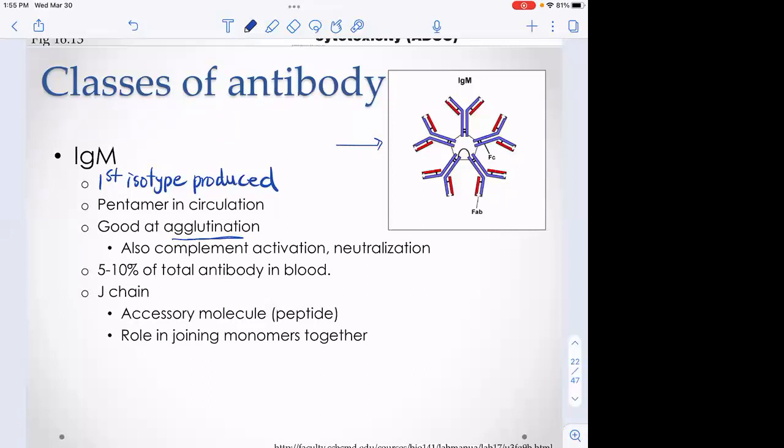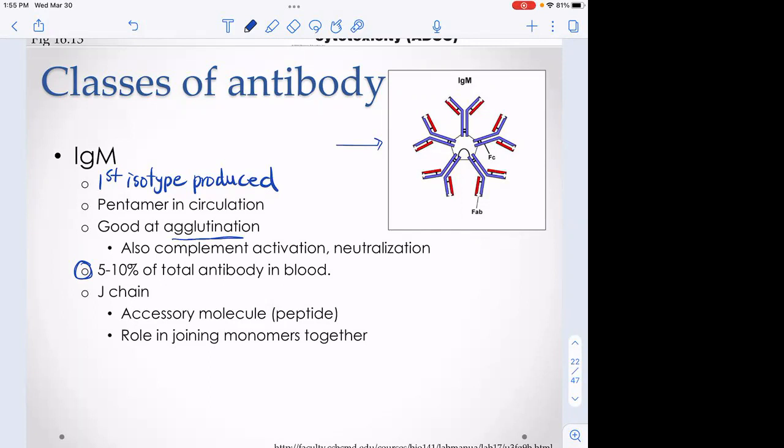Usually not that many, because it's still a pretty small molecule, but it's good at some of those other functions as well. It's really only a fairly small percentage of the total antibody in the blood.